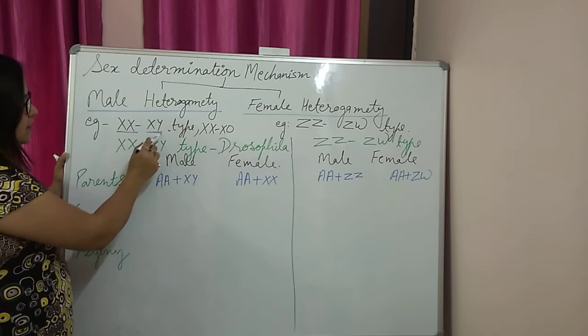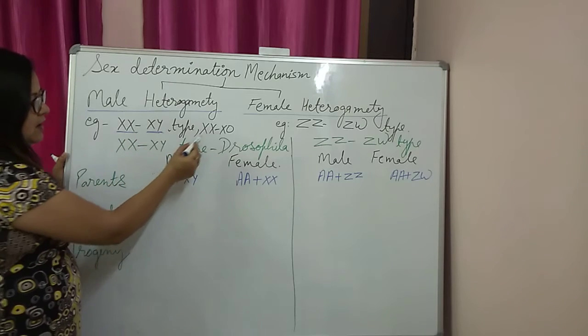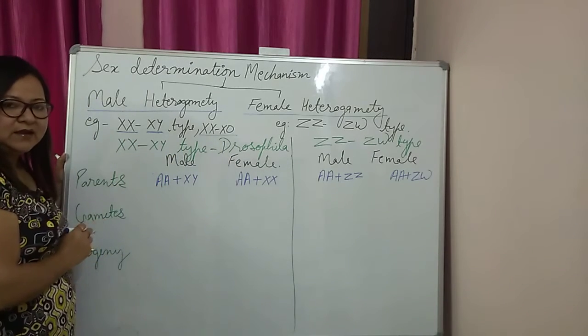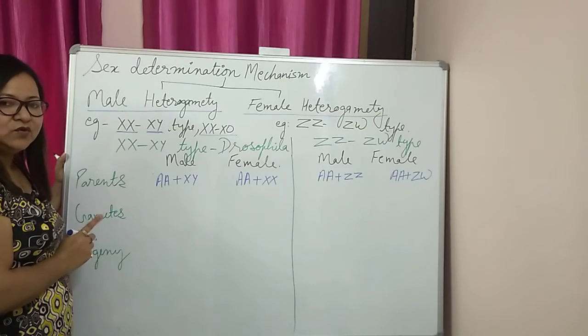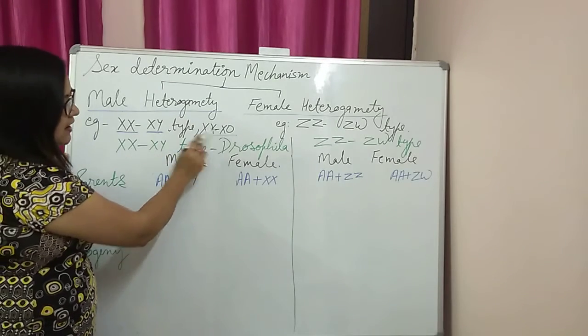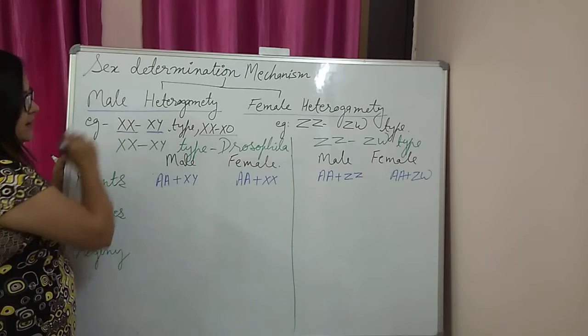Here we have two examples. One is called XX-XY type and the second is called XX-XO type. In that case, the female has two similar sex chromosomes while the male has only one X chromosome. This is male heterogamety.